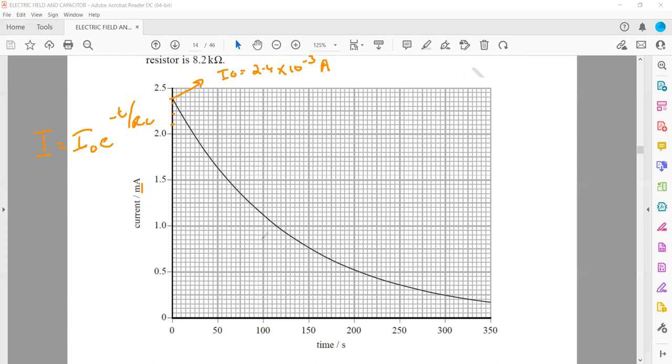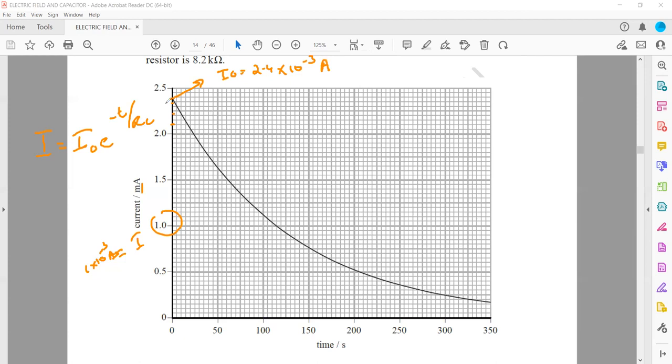Then what about I? You can take any of them as I. It's up to you, because then you need a specific time interval. For example, I'm taking this 1 milliampere as I. It means it is equal to 1 into 10 power minus 3 ampere. And what about the time interval?